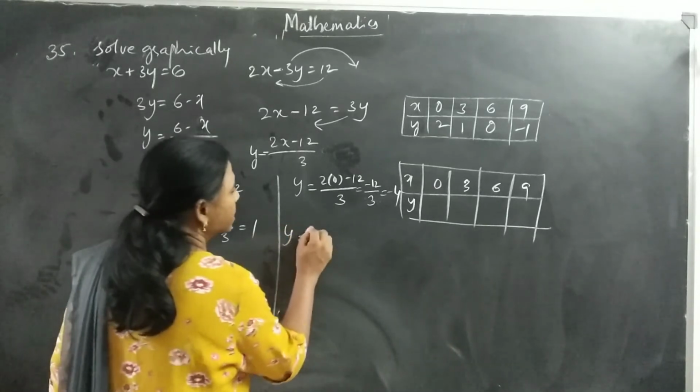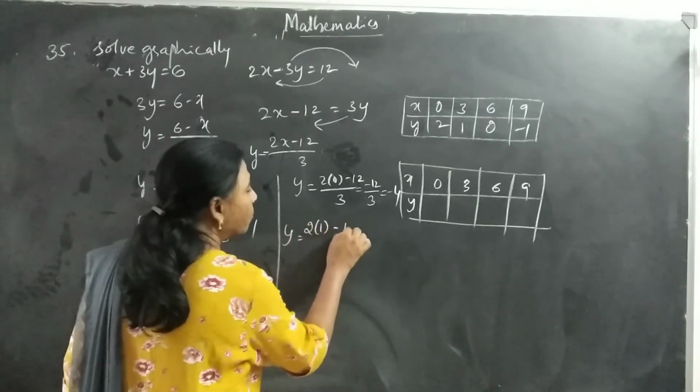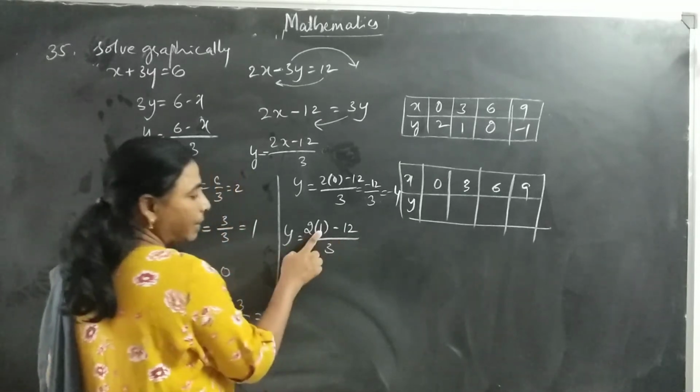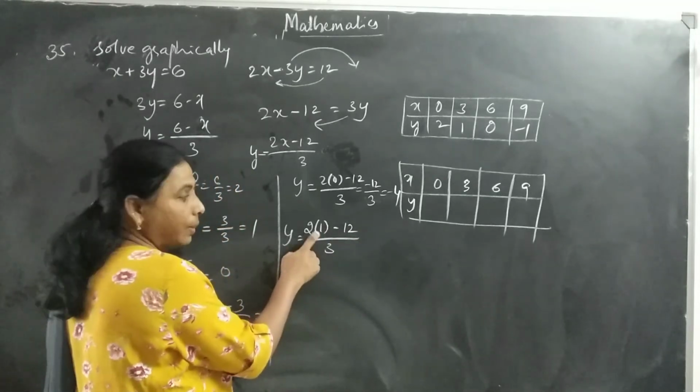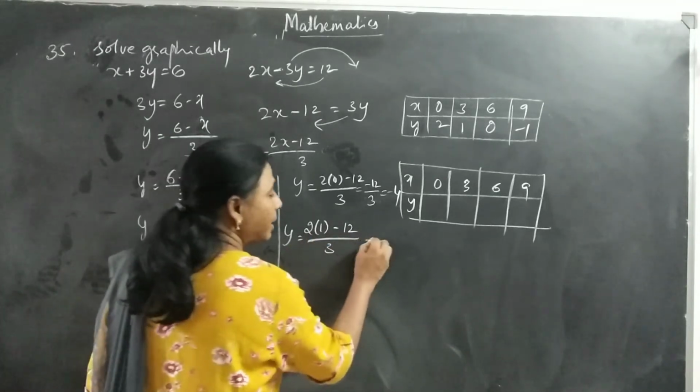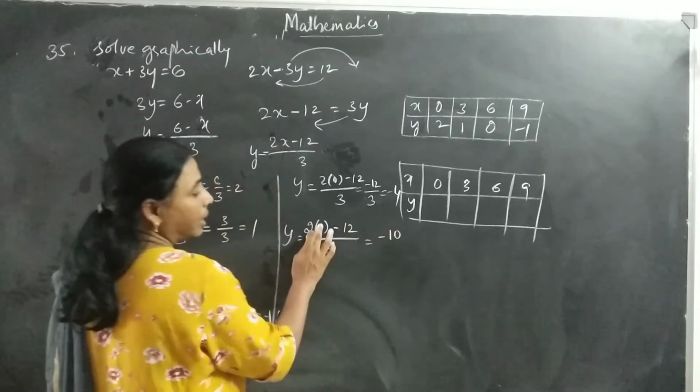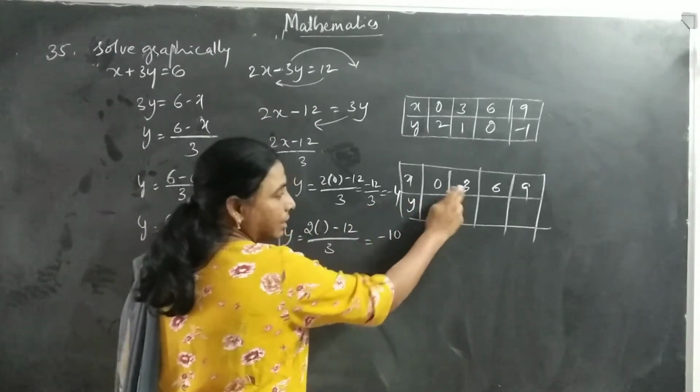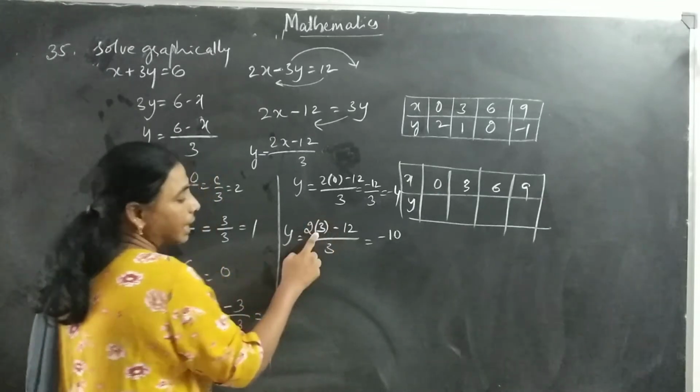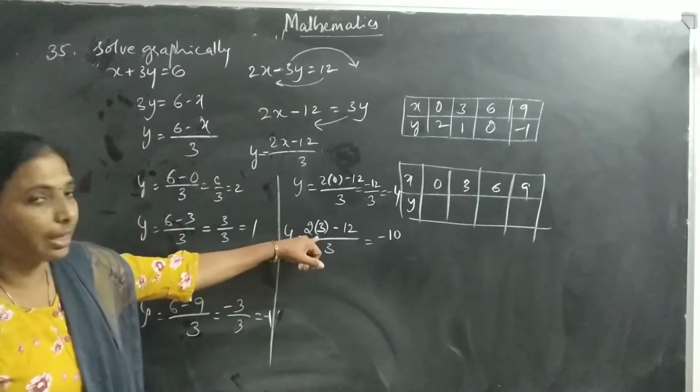Next, y is equal to 2 into 1 minus 12. Now I am putting x as 1. 2 ones are 2. Sorry, this I have to take as 3, correct? Multiples of 3. So let me take x as 3 now.